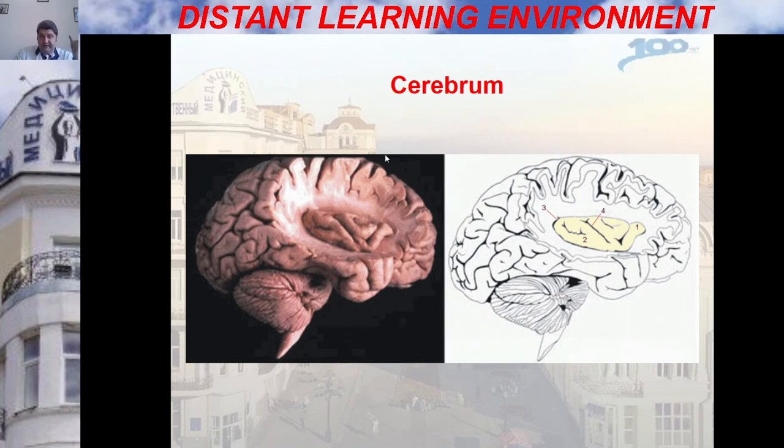You may see this removed part here, and in details you may see the insula. These margins are related to the frontal, parietal and temporal lobes and are termed operculum. The insula is triangular, you may see the triangular shape of insula, and its apex is directed forward and downward. This one.